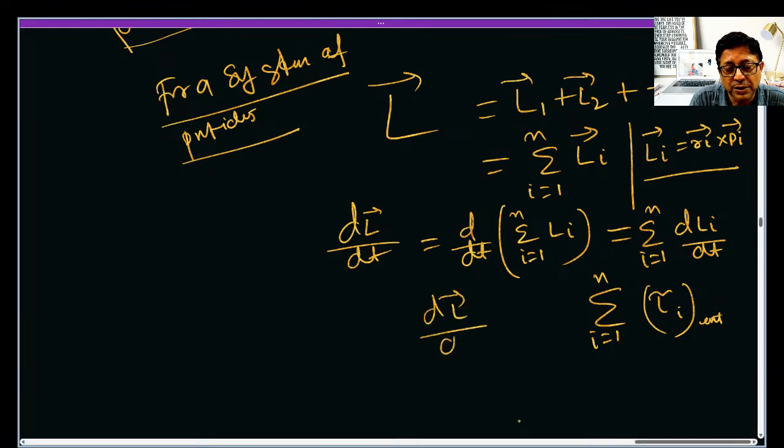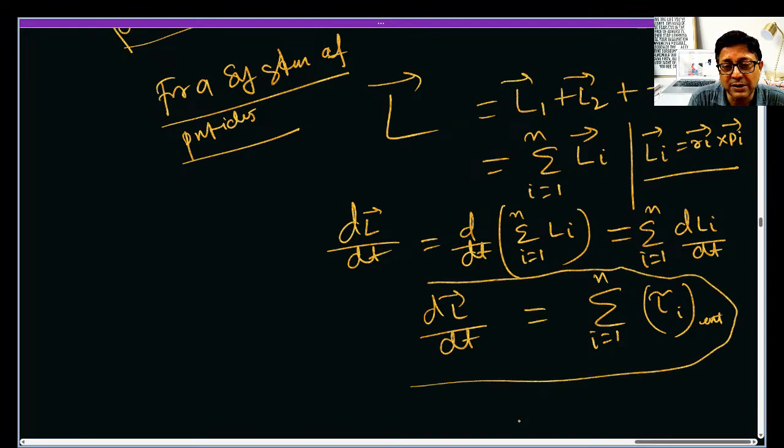So dL by dt, write your conclusion. Therefore, for a system of particles also, rate of change of angular momentum is the net external torque, or net torque. You just write net torque.